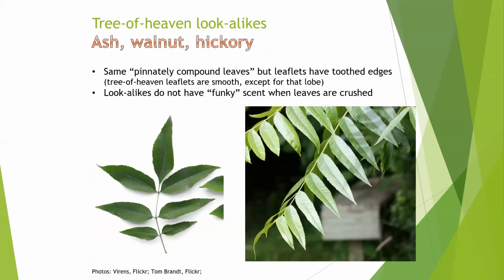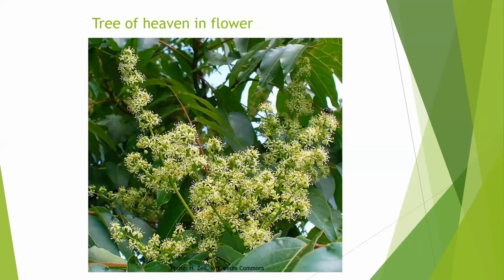There are also other trees with these pinnately compound leaves that are part of our native forest, things like ash, walnut, and hickory. But again, the leaflets are all toothed on these plants. Also, if you crush the leaves of Tree of Heaven, they have this awful, funky scent that people describe as smelling like rotten peanut butter.